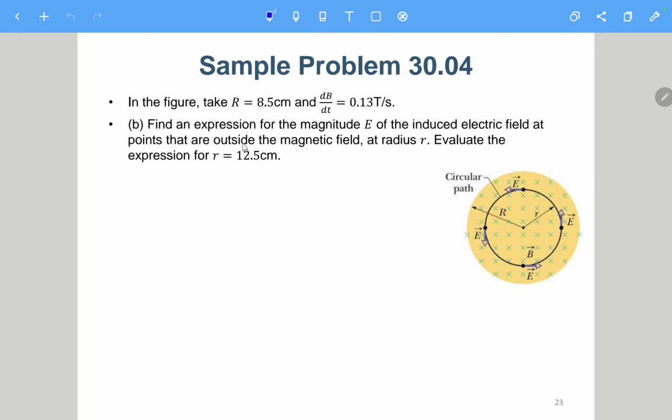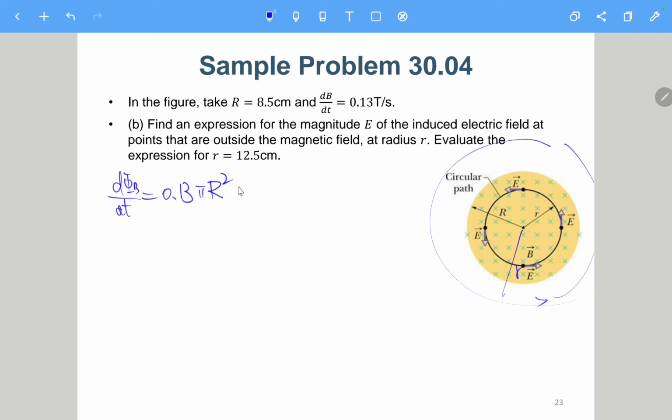And for part B, here we have r is 12.5, which is larger than capital R, which means that here we have this loop outside. Okay, so in that case, we have d phi B dt, which is 0.13 pi capital R squared rather than small r, because for the outside part we don't have any magnetic flux, and so no magnetic flux changing. So we only count this yellow area.